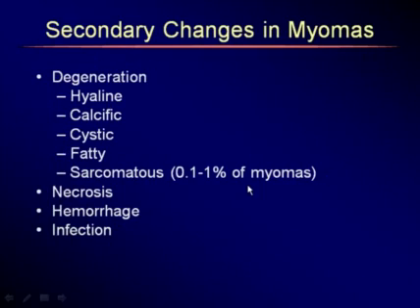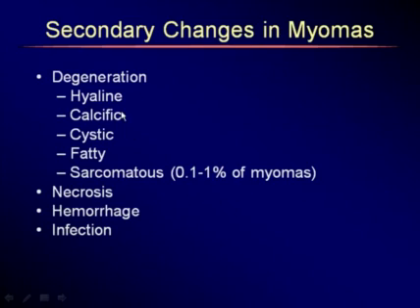Now, fibroids can undergo some secondary changes of degeneration, and there are various types of degeneration. There's hyaline degeneration, calcific degeneration, cystic degeneration, there's even fatty degeneration, and rare, but it's possible, sarcomatous degeneration, which happens in less than 1% of myomas, and there are so many myomas you can imagine that you might encounter one or two in your lifetime.